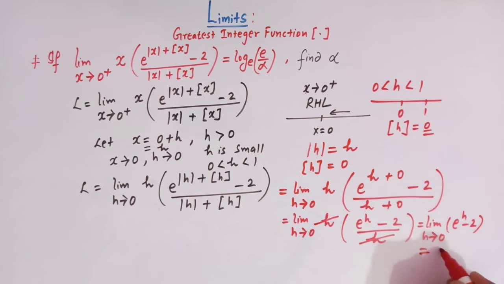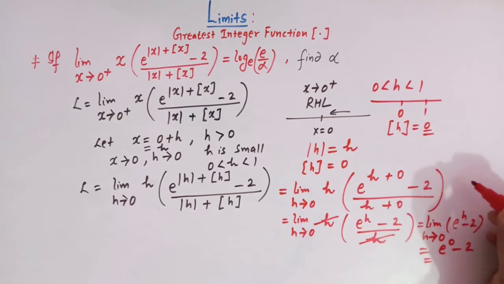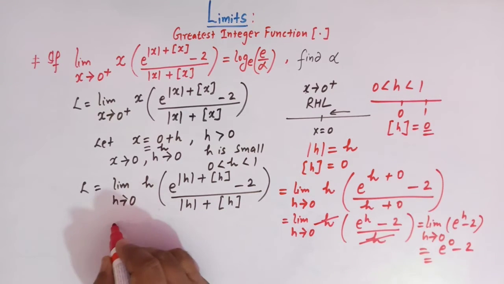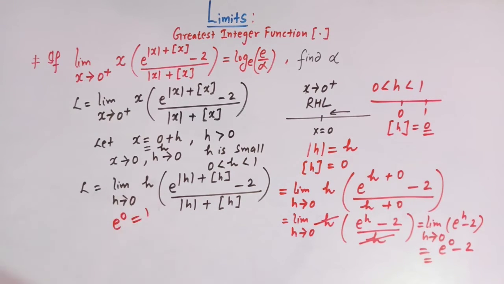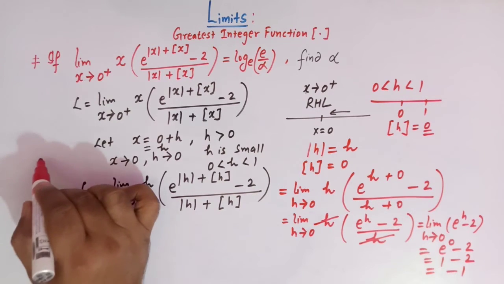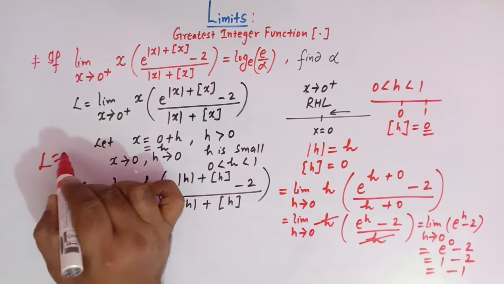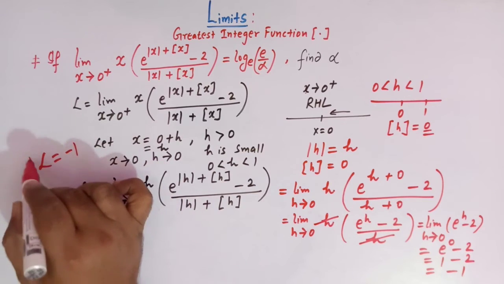So we have e raised to 0 minus 2, and since e is the exponential number, e raised to 0 is equal to 1. So we have 1 minus 2, and that is minus 1. The value of this limit L is equal to minus 1.